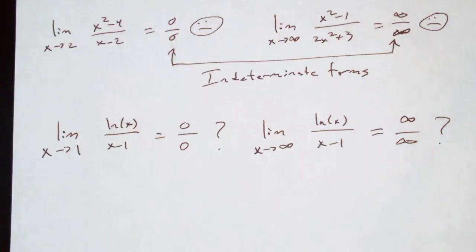The problem is there's no algebra that I can do here to factor or cancel or multiply by 1, or offer up a prayer to the heavens and go, please inspire me. I would like to be able to still resolve this sort of indeterminate form.